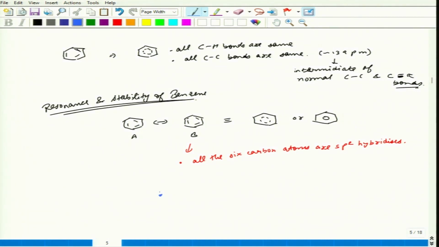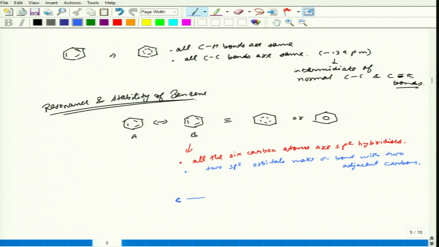This is an sp2 hybridized carbon. 2 sp2 hybridized orbitals make sigma bonds.